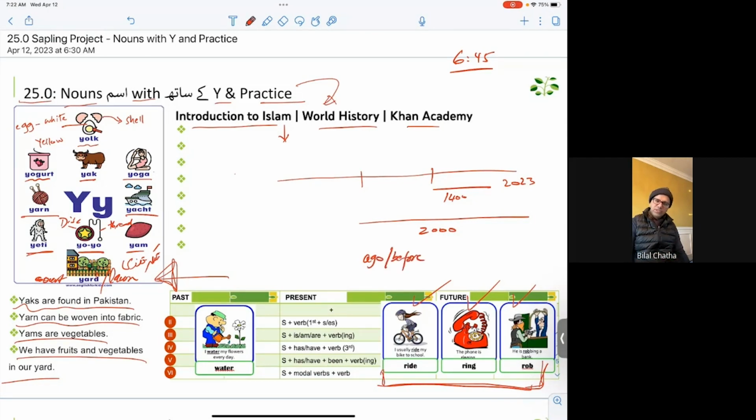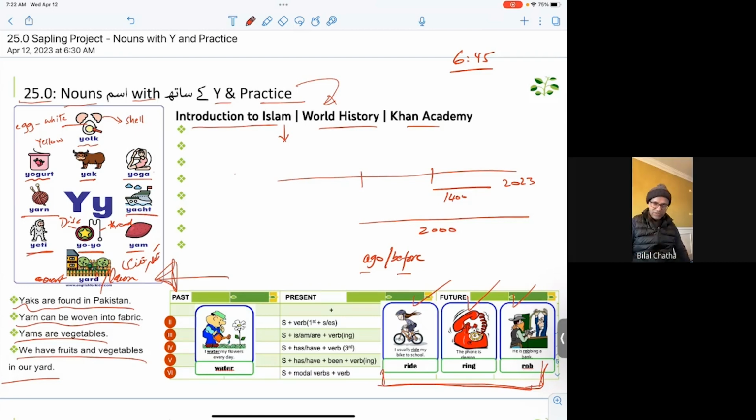So do you want to correct it? Yes, sir. Christianity came 600 years ago to Islam. Oh, anybody else? Would we use ago or before? Before Islam.